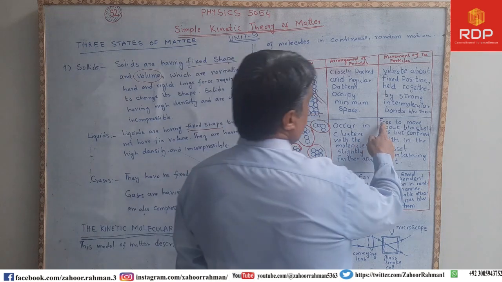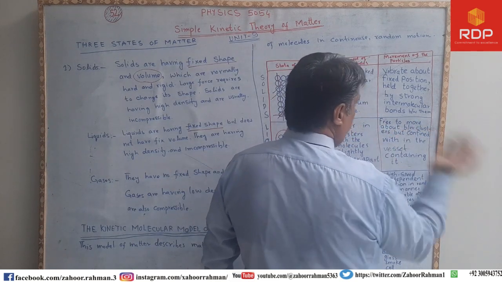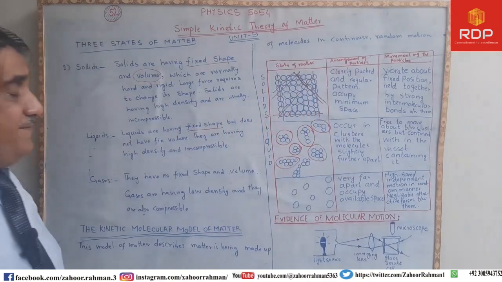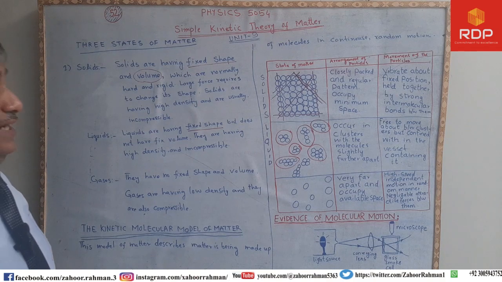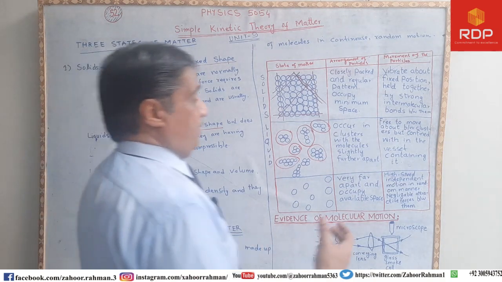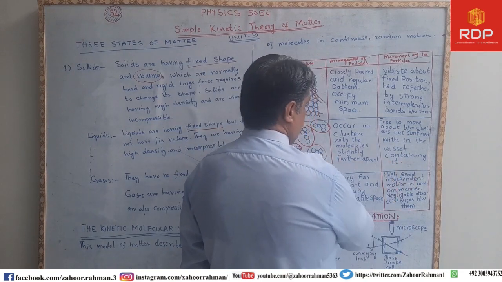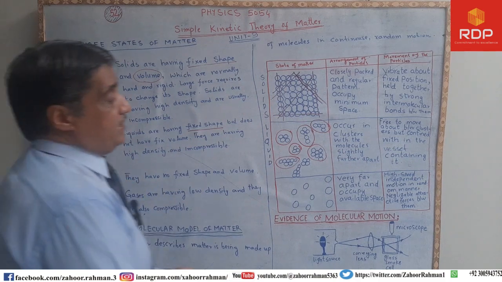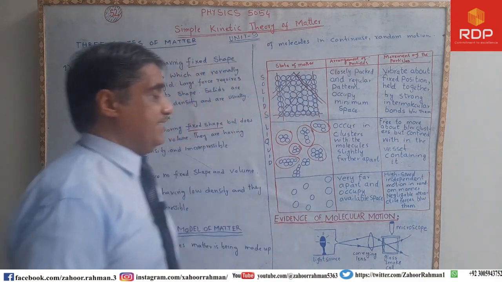So they are free to move about between clusters but confined within the vessel. It will remain in the vessel. It will not jump out from the vessel containing it. Where the liquid is contained, it will remain inside the container.